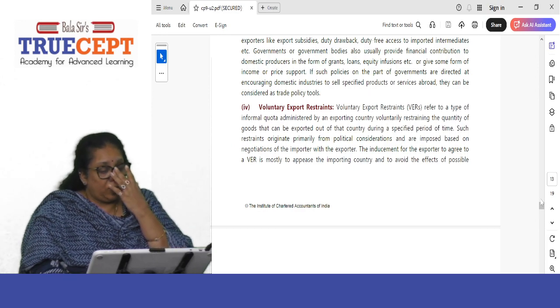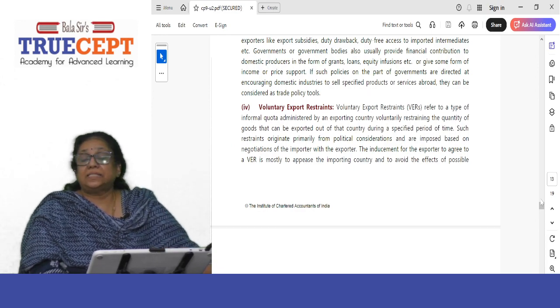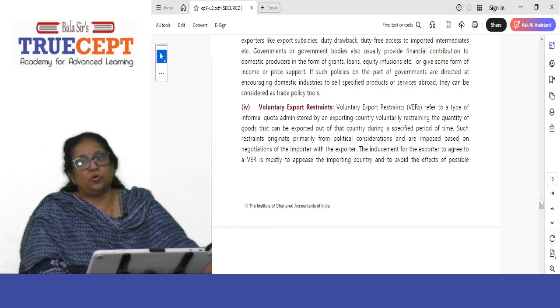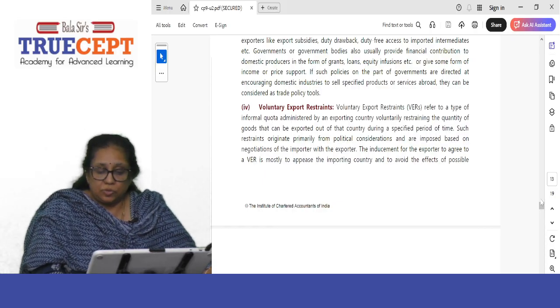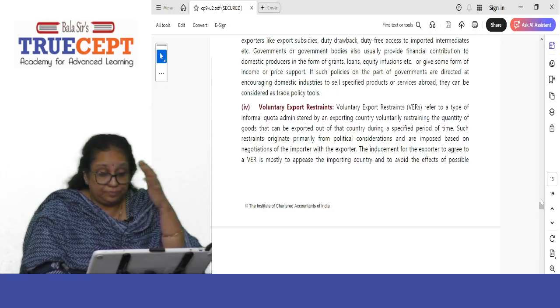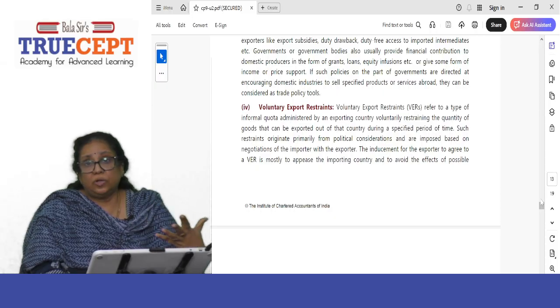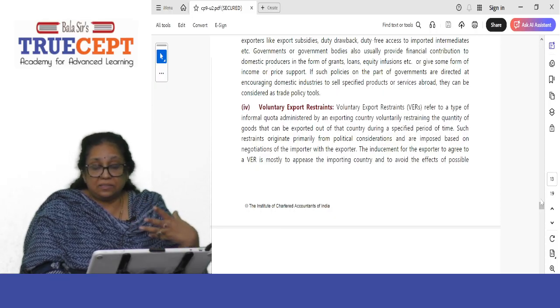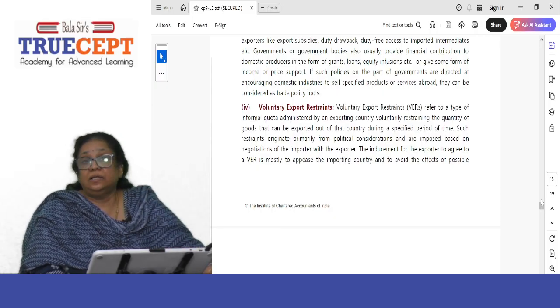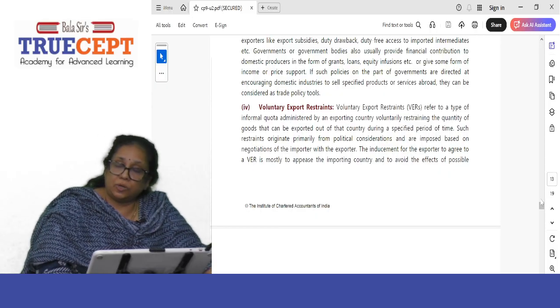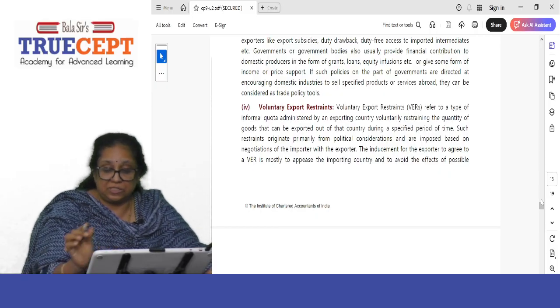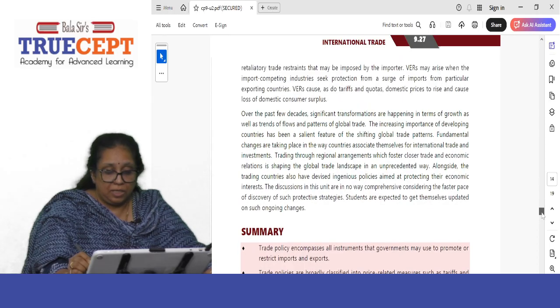Like China recently has decided to curtail the amount of silver that it is going to export. Right now it's only talk, maybe they will introduce it. Like that, our country has a restriction on the amount of food grains that can go out of the country. Those are voluntary export restraints. Please concentrate on this particular topic.